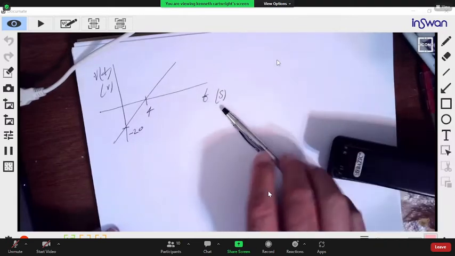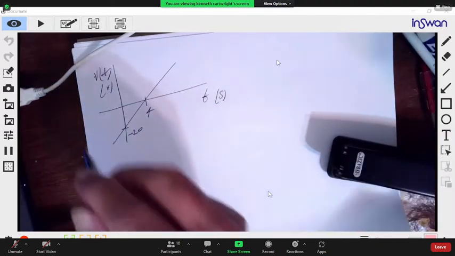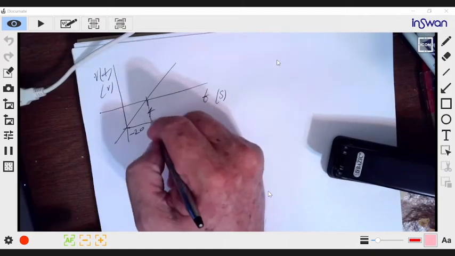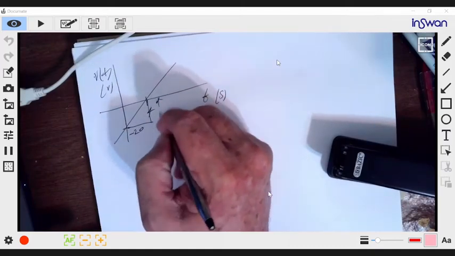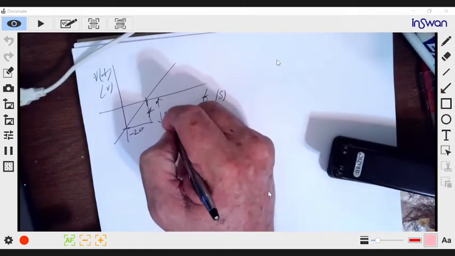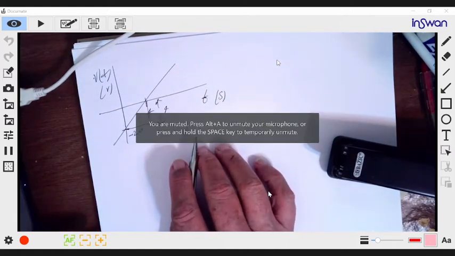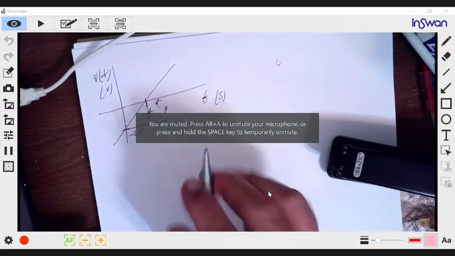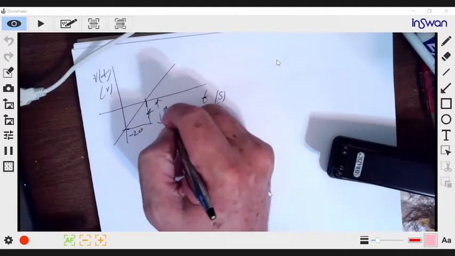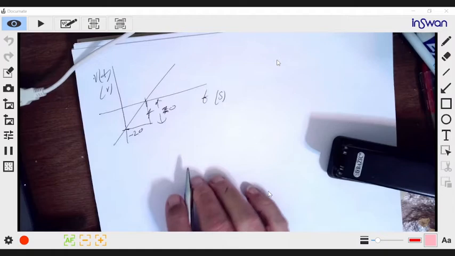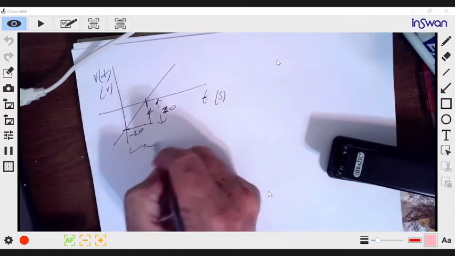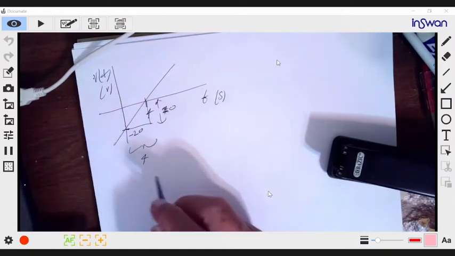Okay, again, slope. The rise is what? 4. Sorry, the rise is 20. The run is 4.